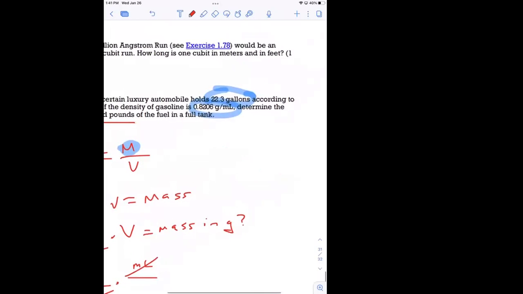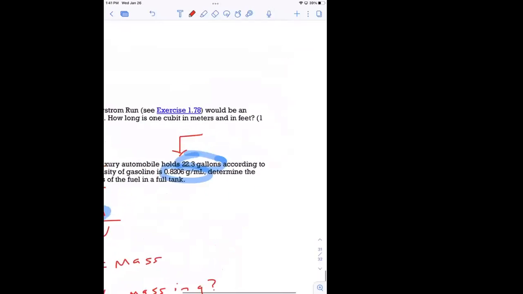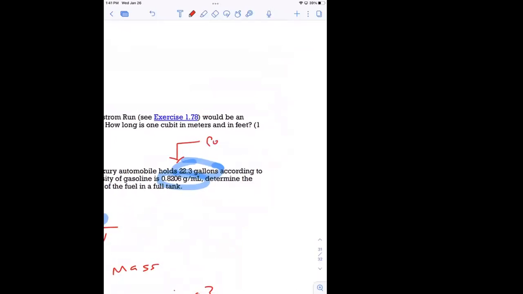So it gave us the volume in gallons. But we learned the other day that we can convert gallons into liters using a conversion factor. Anybody remember what it was? So we want to convert gallons to liters and then liters to milliliters.